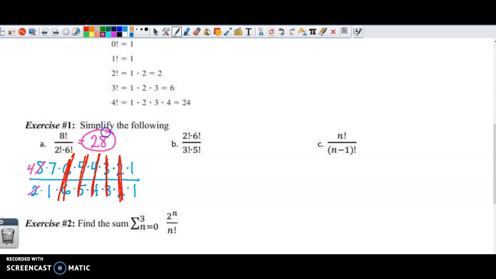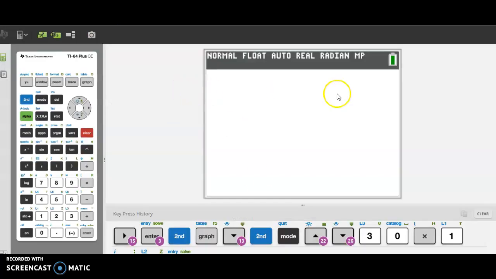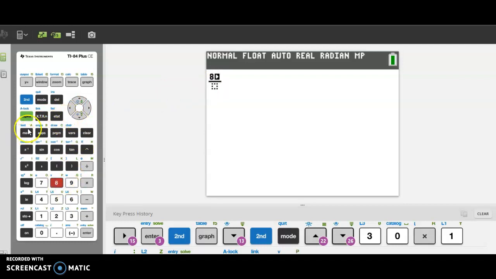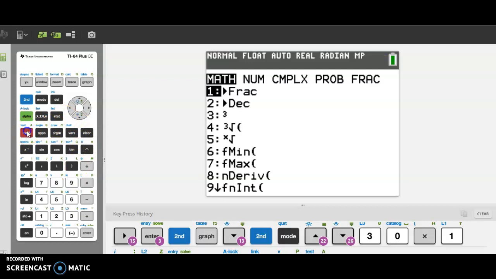28. Now, I do know that some of you like to check your work, and I'm not ignorant to your calculator having this tool. So I want you to practice doing this without your calculator, but you are welcome to check your work with your calculator. And it's just under the math tool.